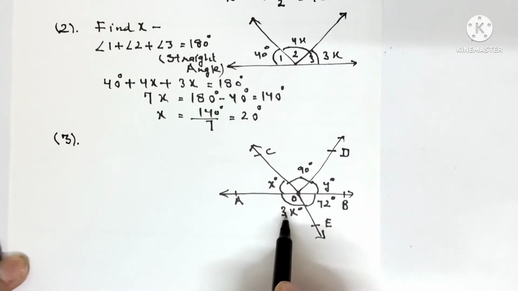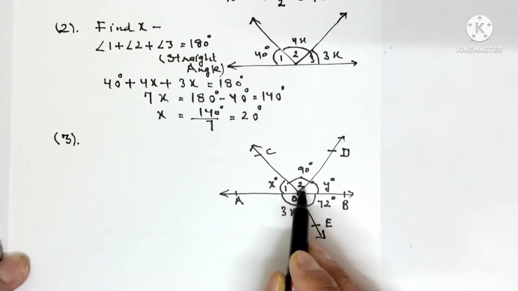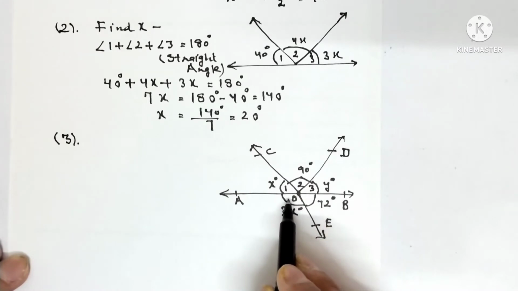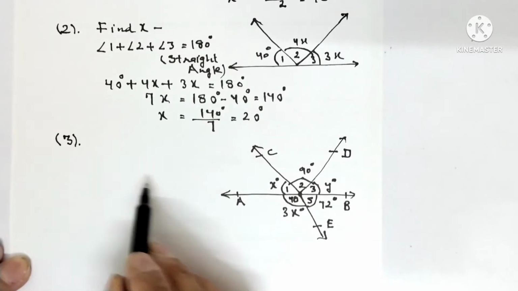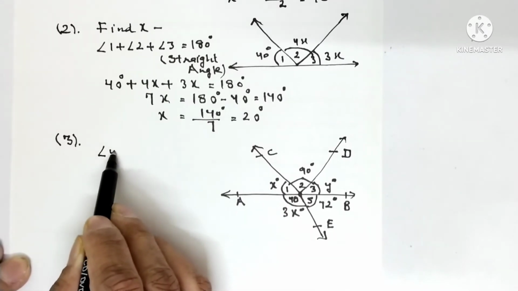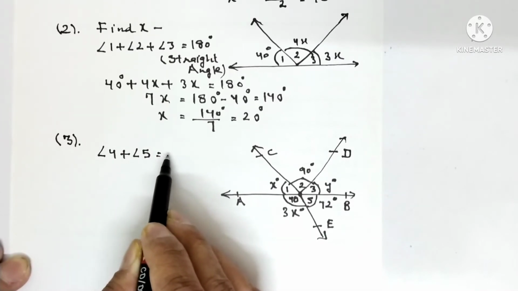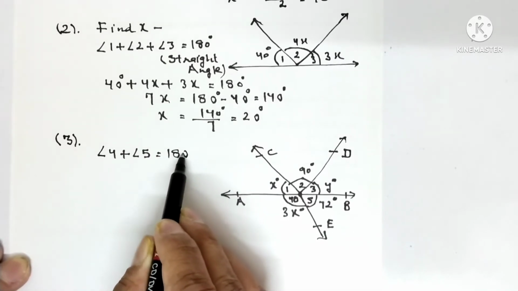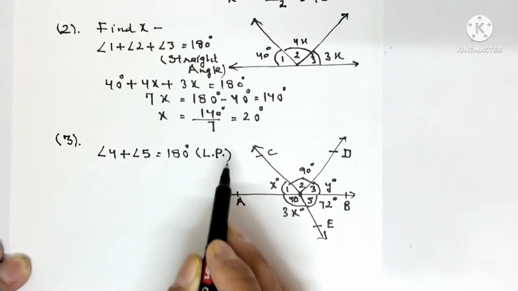Now we need to find x and y. So you can see here 1, 2, 3. Here you can write 4 angle, 5 angle. So angle 4 plus angle 5 in this figure, what are they forming? 180 degree, and it is a linear pair, right?